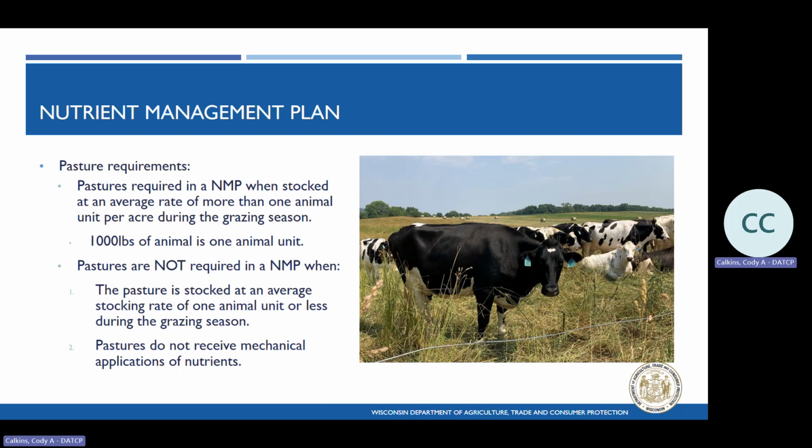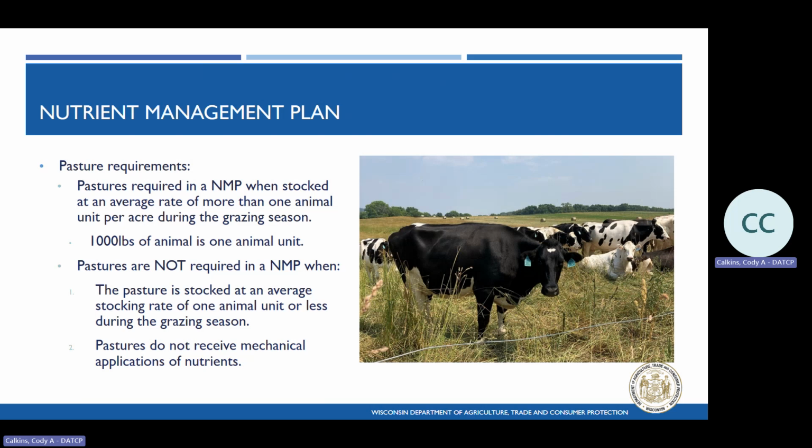Before, you might have seen that asterisk for nutrient management plans on pastures. Here in Wisconsin, the pasture requirements are as follows. Pastures are required in a nutrient management plan when stocked at an average rate of more than one animal unit per acre during the grazing season. For reference, an animal unit consists of 1,000 pounds of an animal.